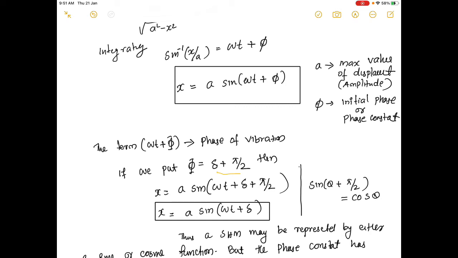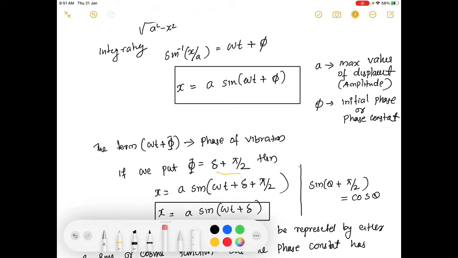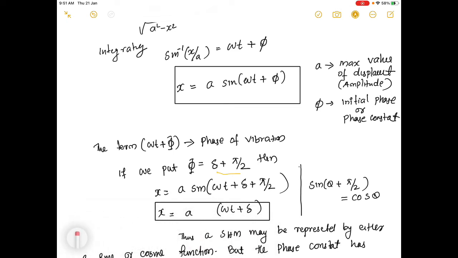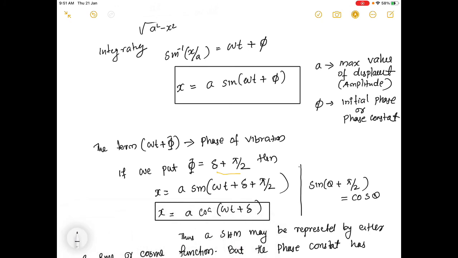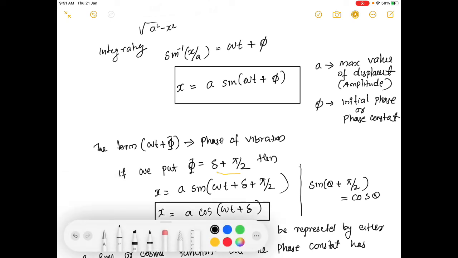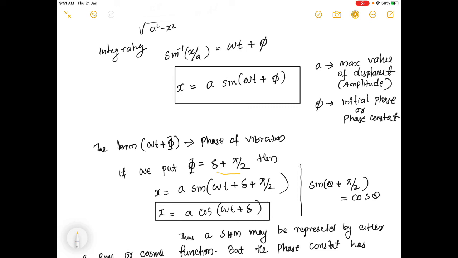So the expression can be written as, sorry, I made a mistake here, a cos (omega t plus delta). So whatever expression we write in sine is the same as the cosine function.